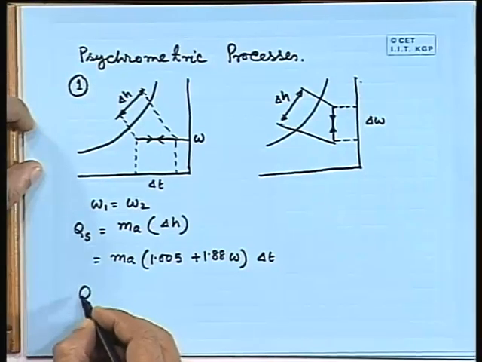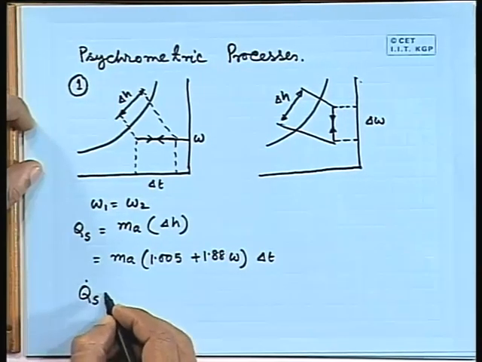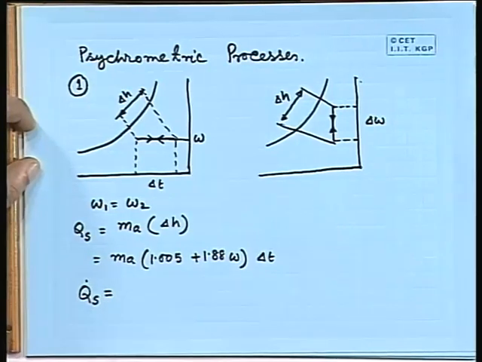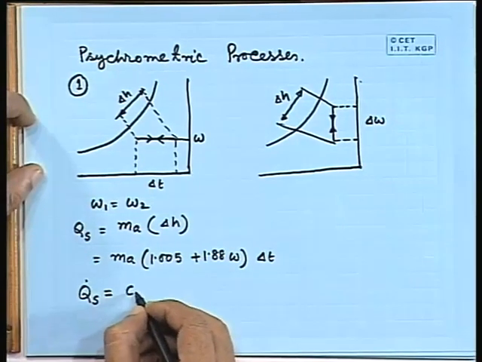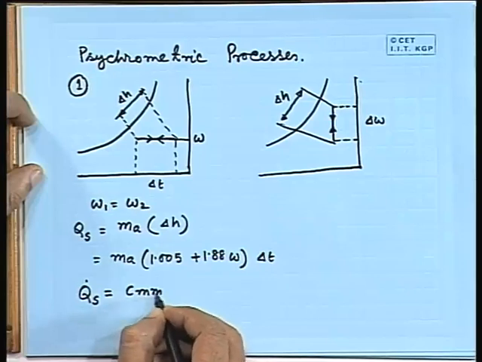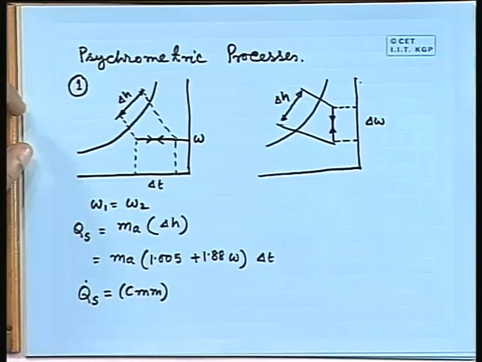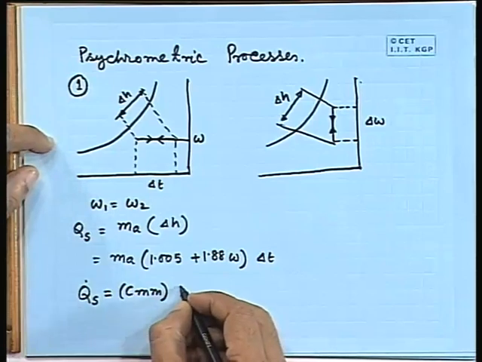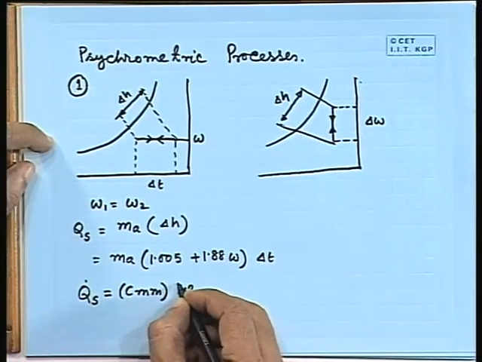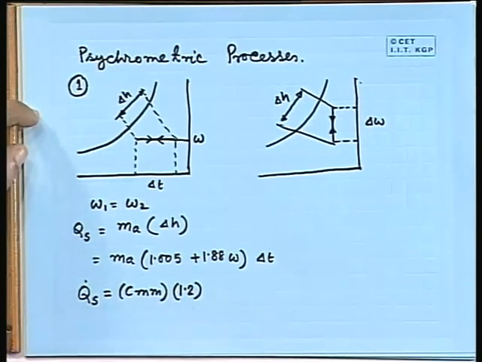So, doing all these things, one can write Q dot S, the rate of sensible heat transfer, is equal to CMM. What is CMM? Cubic meter per minute, air flow rate. Then density of air at atmospheric condition, 1.2 kg per meter cube.